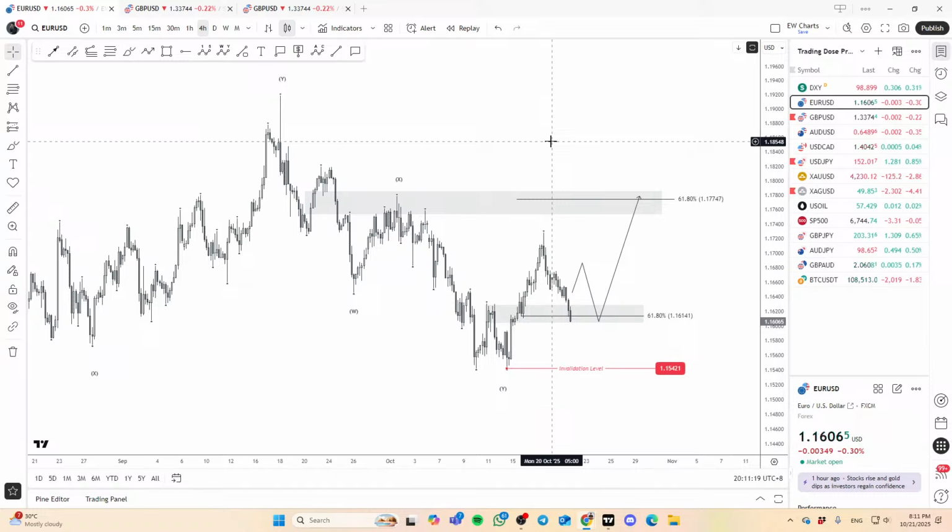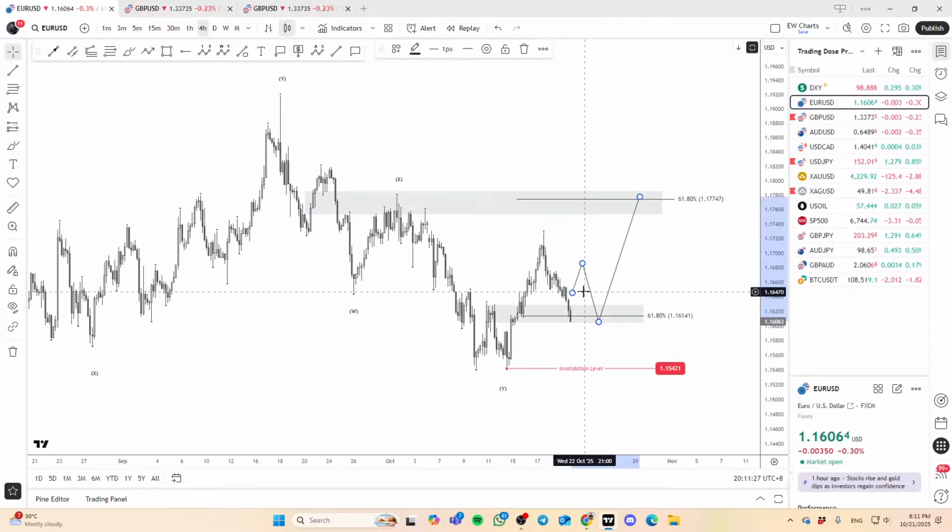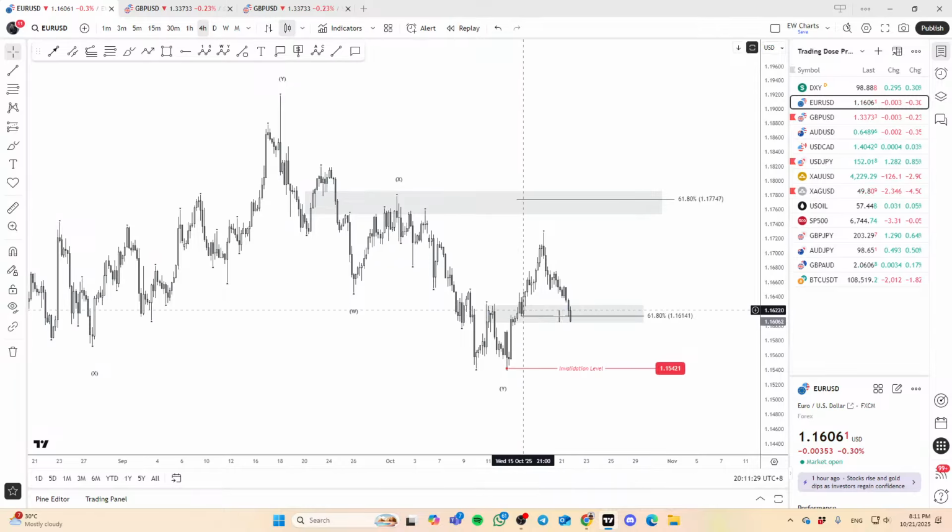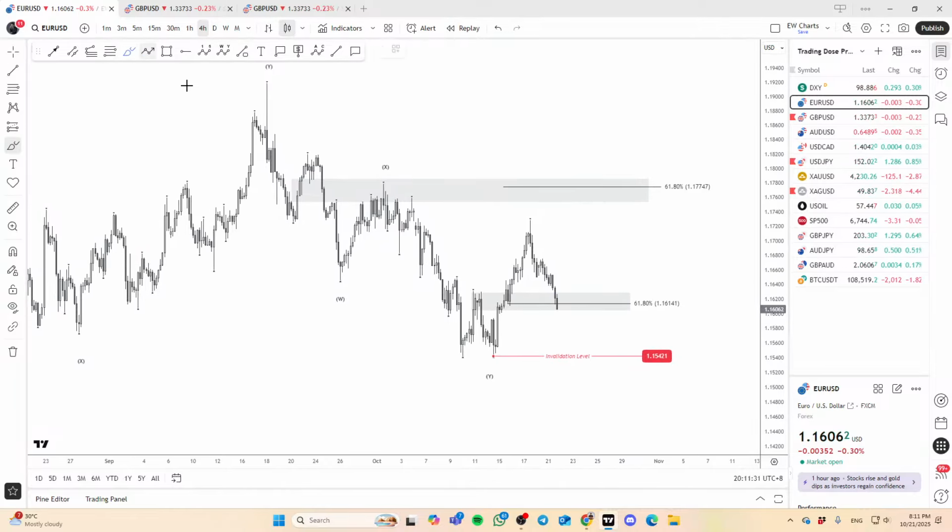All right. So let's start off with the analysis over here, right? So for euro dollar, price is currently already testing the key level. Okay. Ideally, I was looking at price coming down kind of correctively, and then we can push back up here where we have this nice little three-wave move, right?